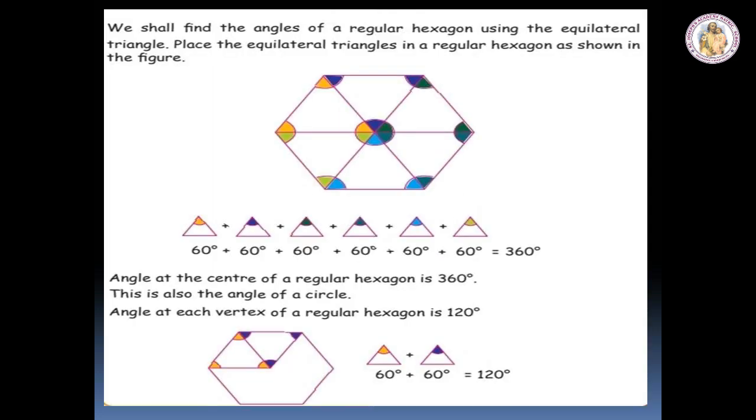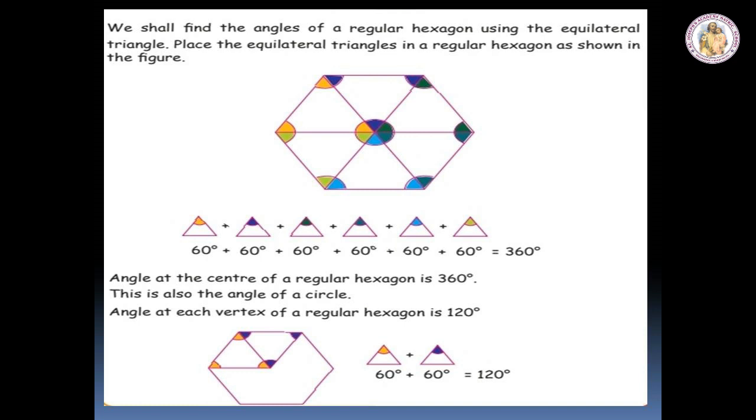Children, we shall find the angles of the hexagon using the equilateral triangle. Take a scale and draw the hexagon. First, you have to mark that there are 6 sides. After drawing the hexagon, from the center, you will get a circle.